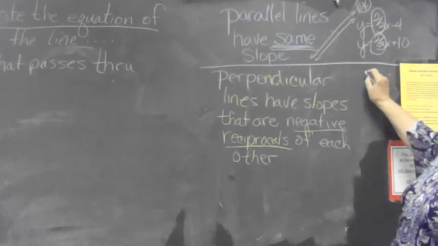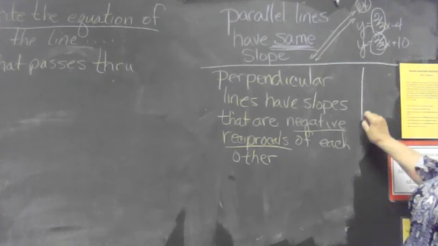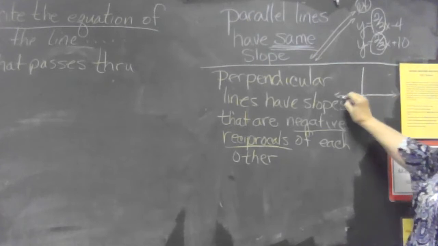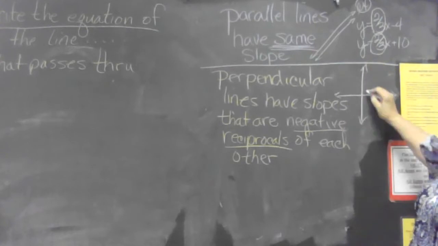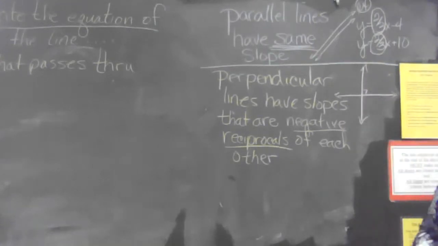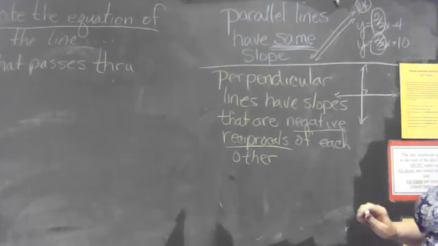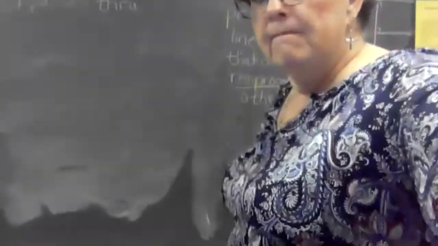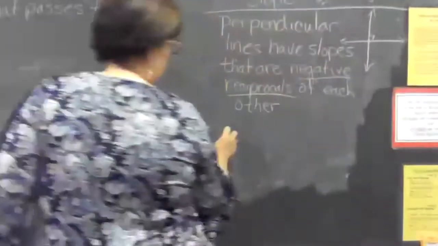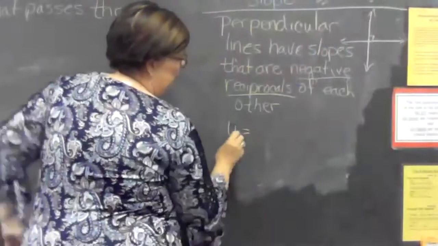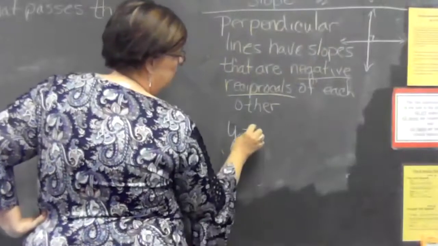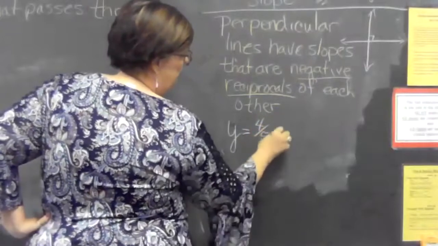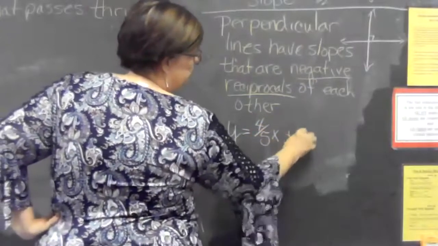Perpendicular lines are lines that cross each other at a 90-degree angle. Those are perpendicular lines. And an example of those will be y equals 4/5 x plus 2.